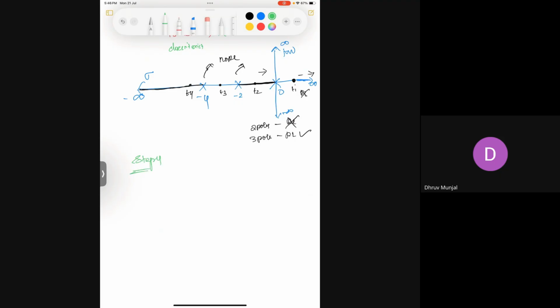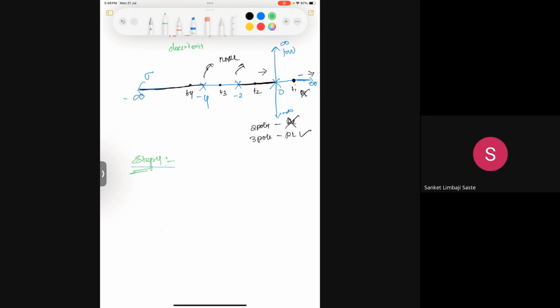Okay, step 4 is calculating the asymptotes. If there are two poles at a point, do we count it as 1 or 2? Poles and zeros are the same here. If there are 2 poles at the origin, you should count it as even only.